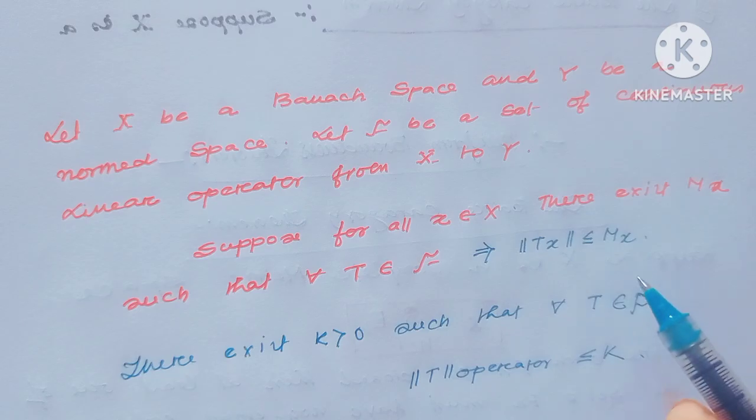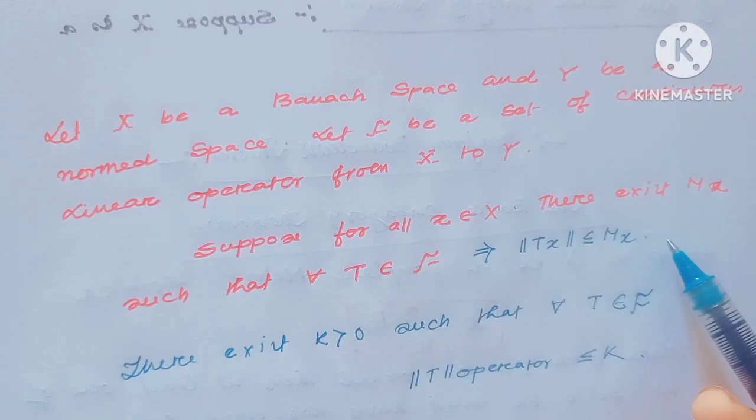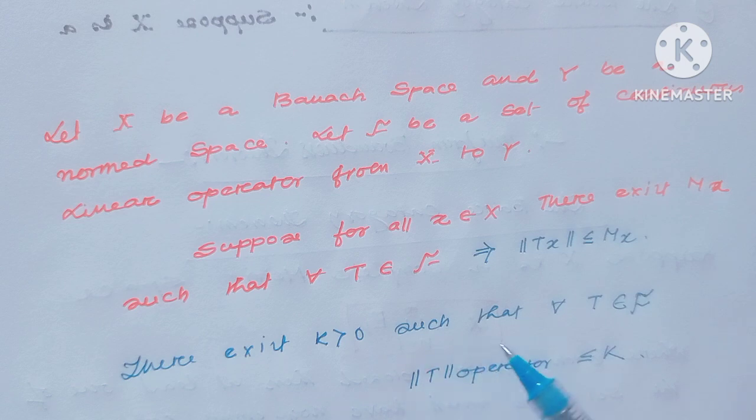This is the pointwise boundedness, because it depends on the point. Then there exists k greater than 0 such that for all T belonging to F, norm T is less than or equal to k.